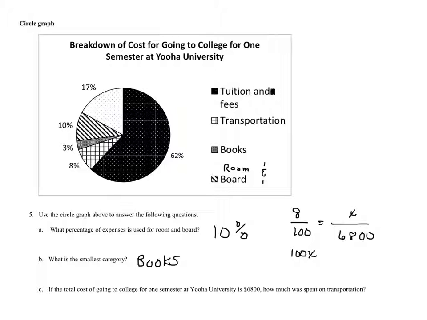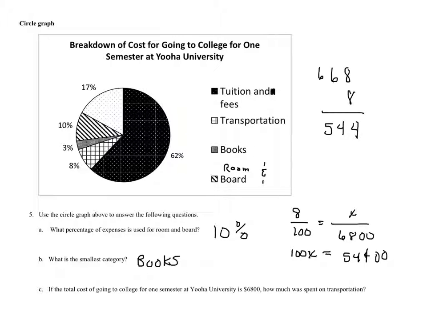So 100x is equal to, okay, 68 times 8 is 4. Carry the 6, so that would be 48. And 6 would be 54. So we would get 54,400.